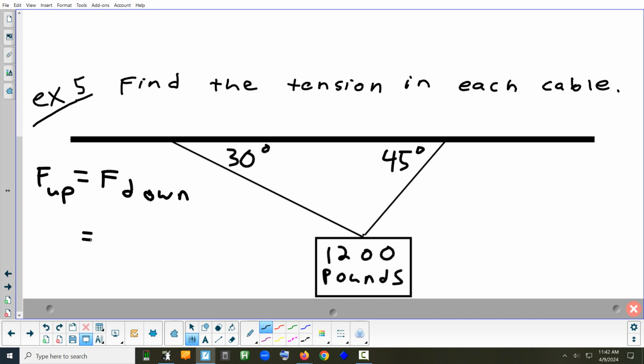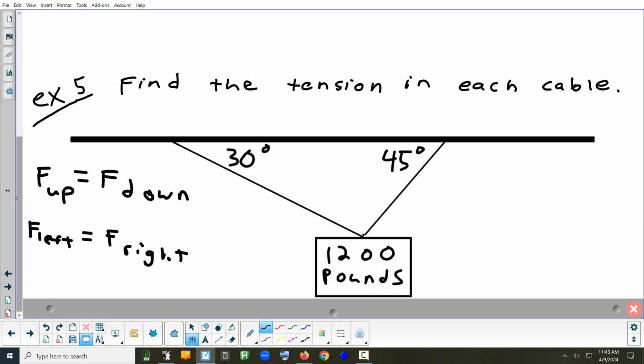What other way is this not moving? Horizontally. It's not moving horizontally, which means same thing, they're equal. Force left equals the force of both cables, force left equals force to the right. So that's the initial part.